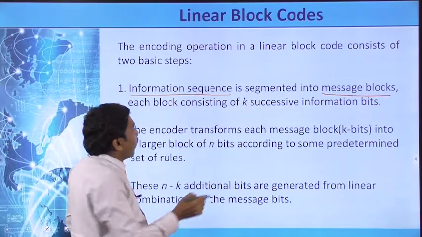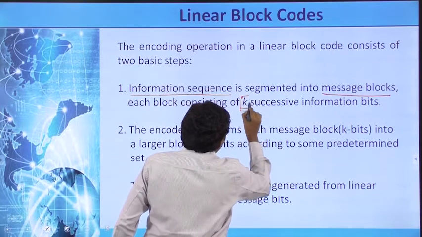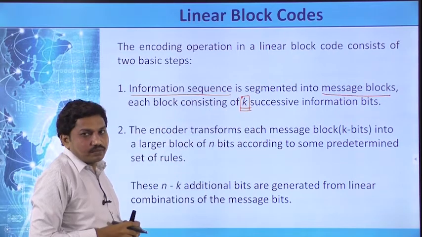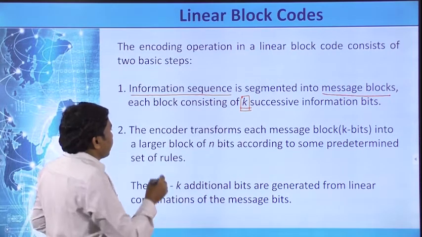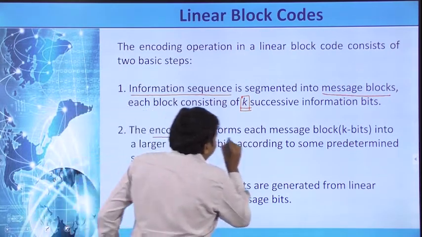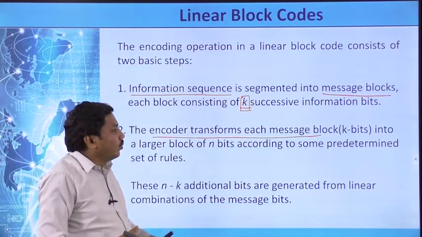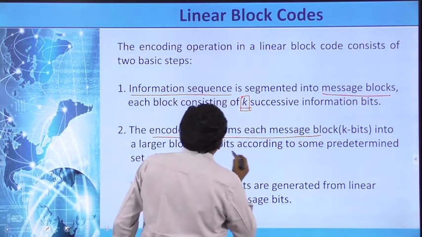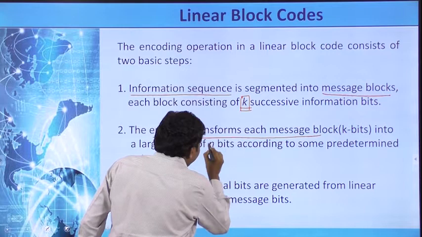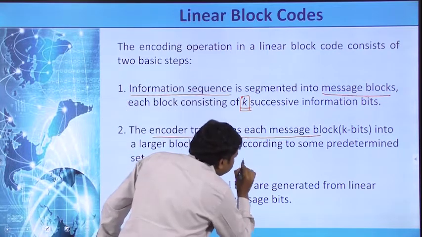Each block consists of k bits. The second one is the encoder transforms each message block into a block of n bits by adding n minus k check bits.